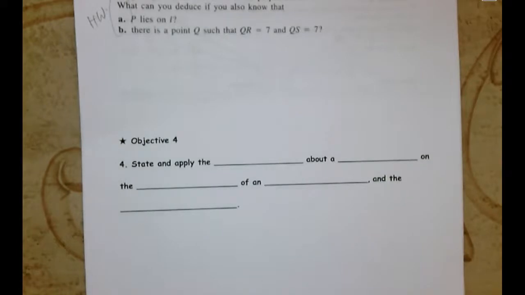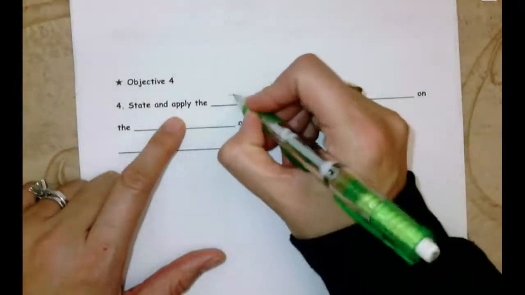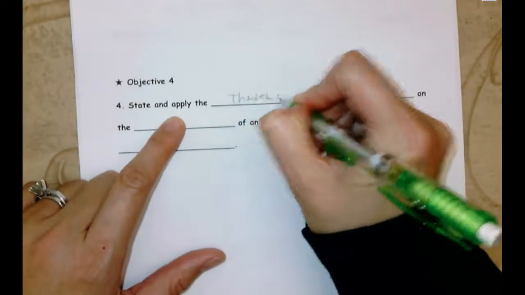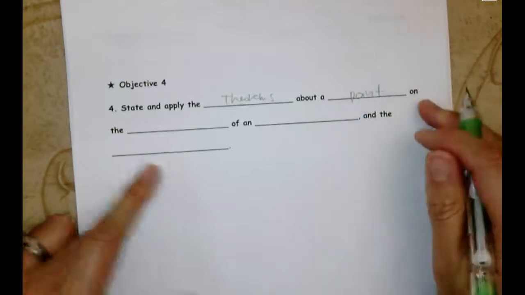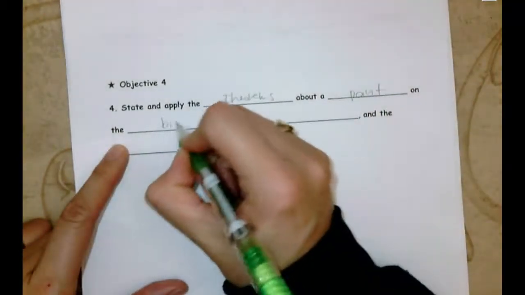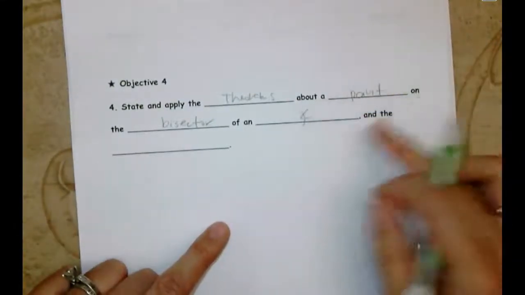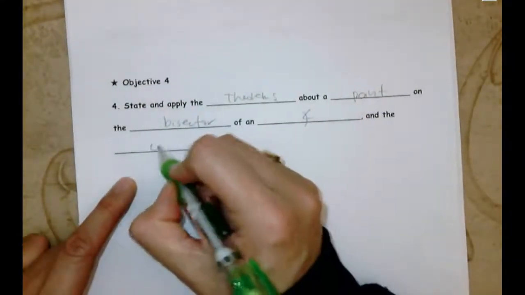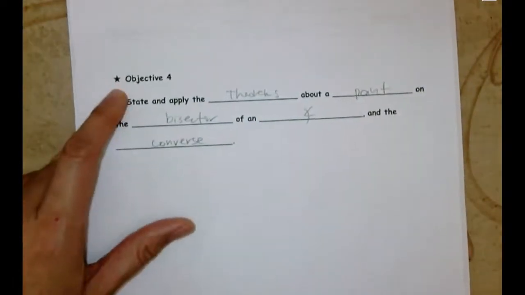Right, this is getting long, but here is objective 4. Objective 4 is to state and apply the theorems about a point on the bisector of an angle and their converse. So objective 3 was perpendicular bisector.